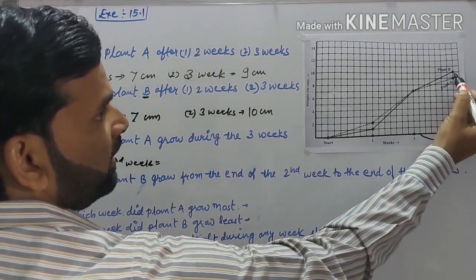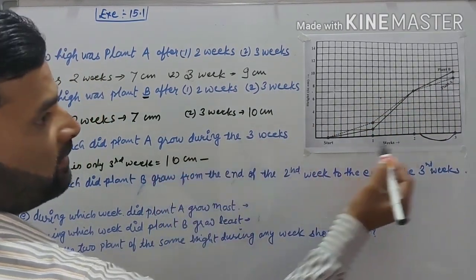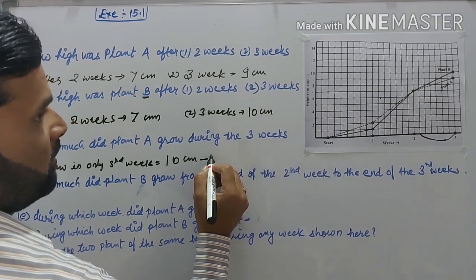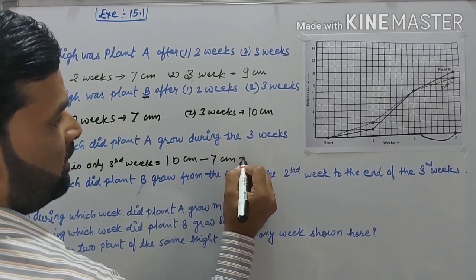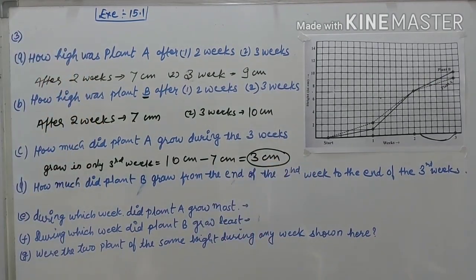The height at 3 weeks is 10 centimeter minus the second week, which is 7 centimeter. So the answer is that 3 centimeter of height will be the growth.